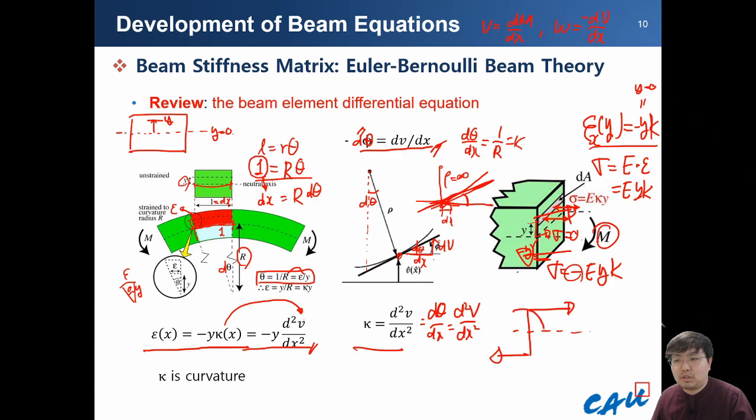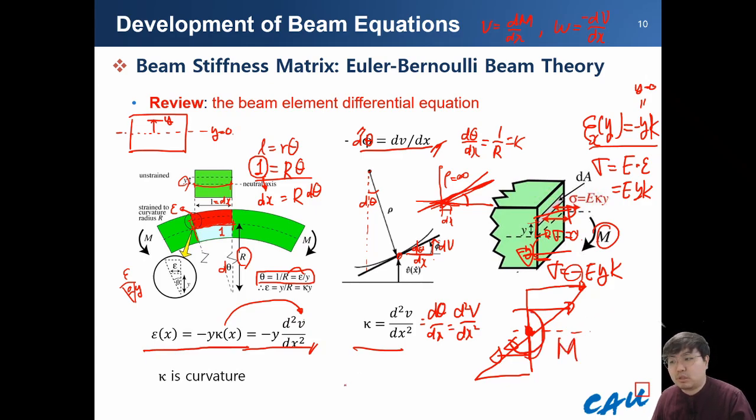They can generate this kind of moment. Due to the stress variation, the stress is 0 at the center, while the maximum stress is on the top surface, so the moment is generated by the stress variation.